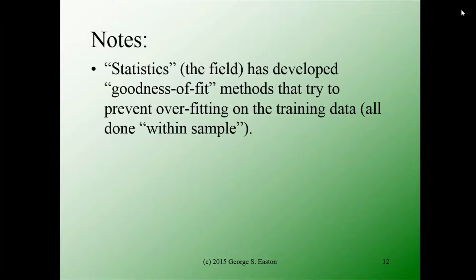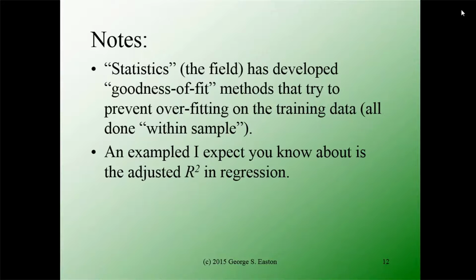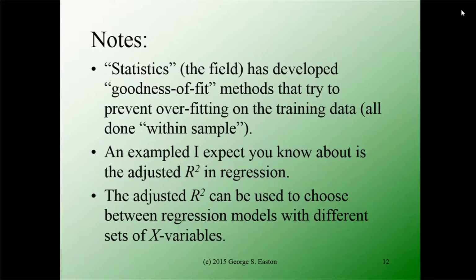One example that I expect that you're familiar with is the adjusted R-squared in regular least squares linear regression. And as you probably know, the adjusted R-squared can be used to choose between regression models that have different sets of x variables. So the idea of the adjusted R-squared is that it penalizes adding in x variables that do not contribute anything to the regression.